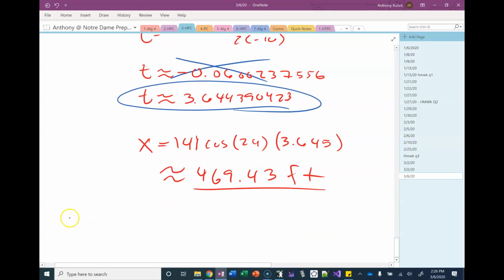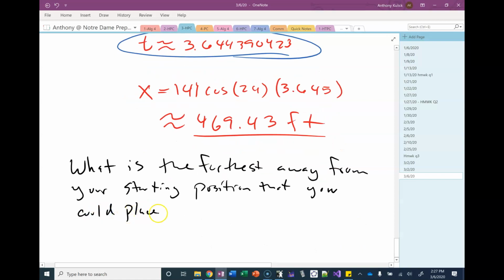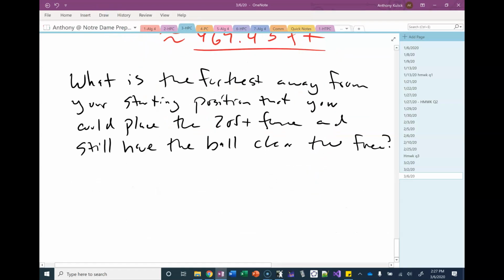Okay. One more question. So our last question is, what is the furthest away from that starting position you could place that 20-foot high fence and still have the ball clear the fence?